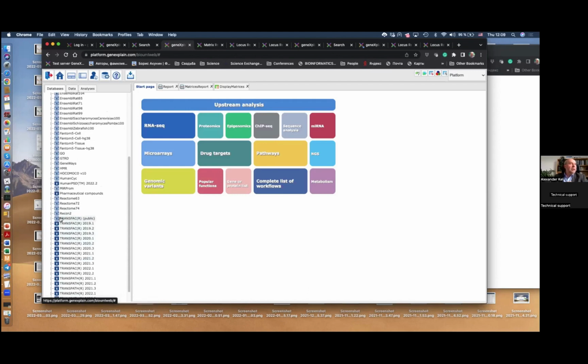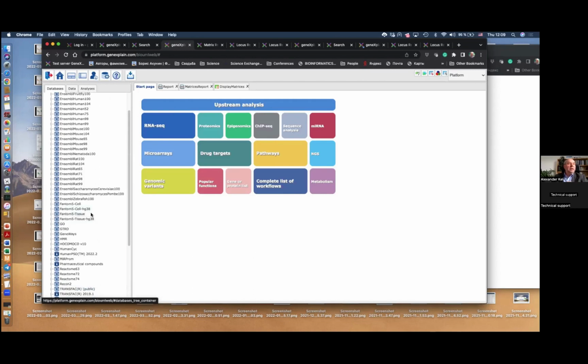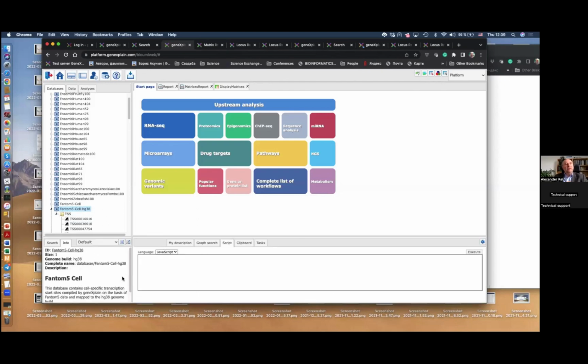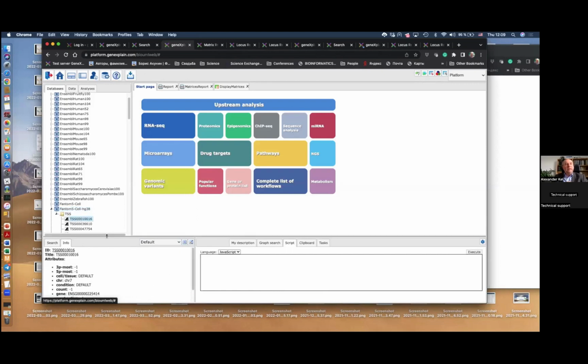this Phantom database. Our analysis in Match Suite is based on Phantom tissue, which gives you the TSSs, the transcription start sites in different tissue types. But we also extracted from Phantom the cell-specific information, and it gives you information in which tissue and which cell type this particular promoter is acting.